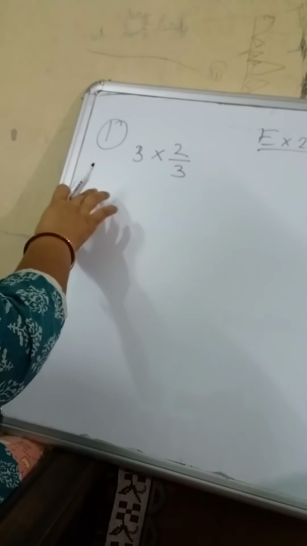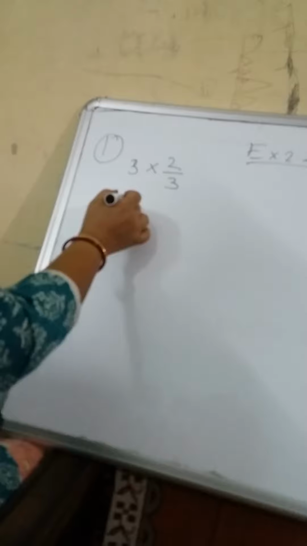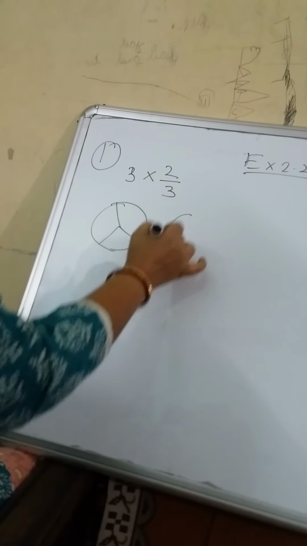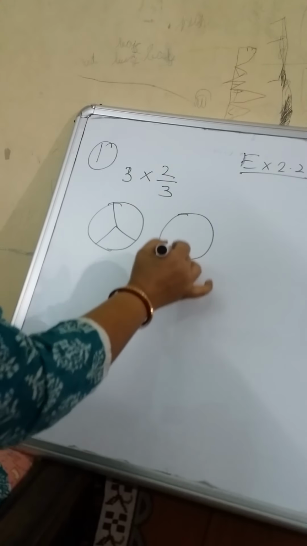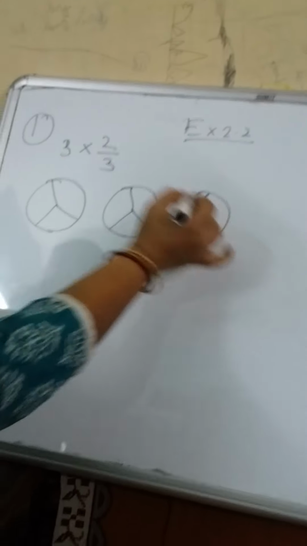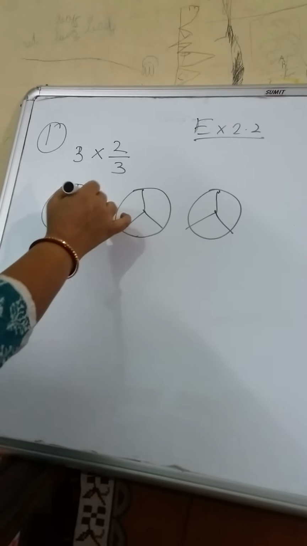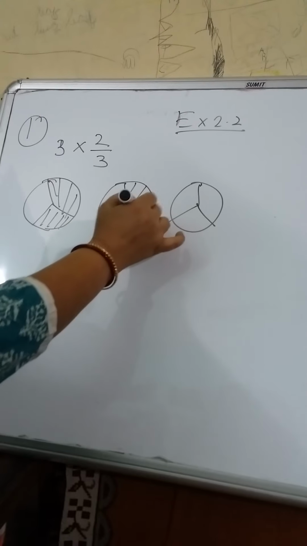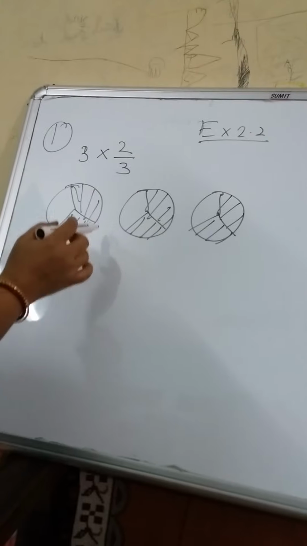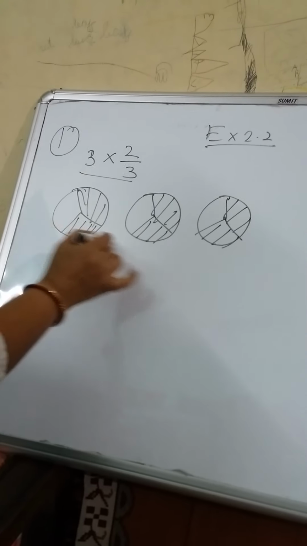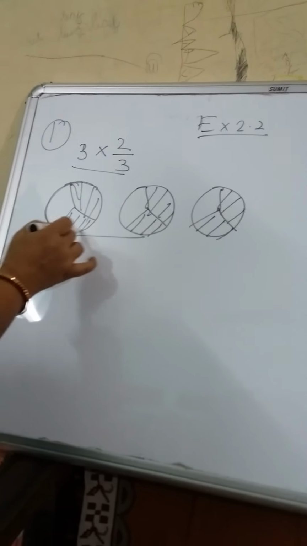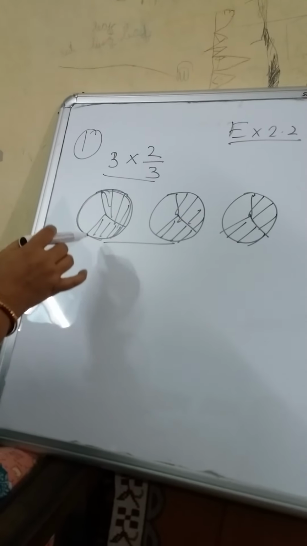If you now see the diagrams, we can match this with this diagram, because here each circle is divided into 3 equal parts.